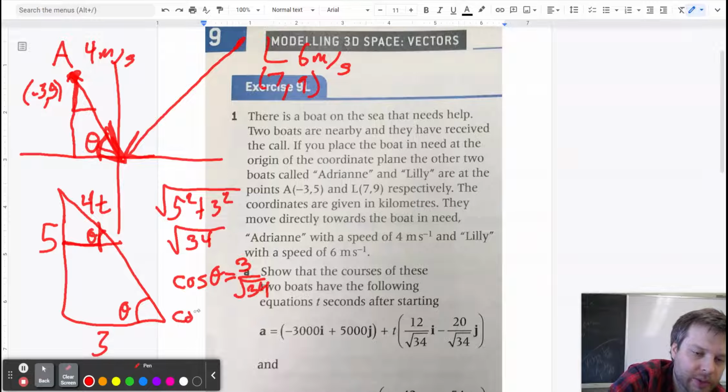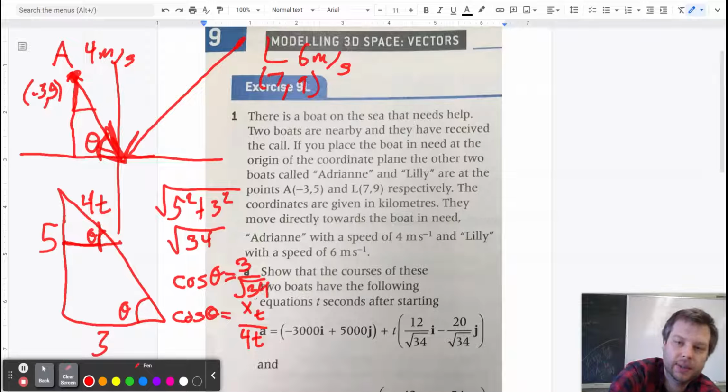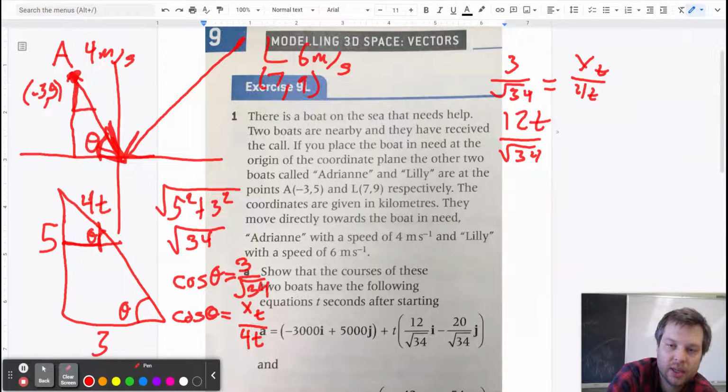But we also have our little baby triangle, and I can use cosine of theta there to represent the x coordinate at a certain time t divided by 4t, because it's traveling 4 meters per second. So the smaller hypotenuse grows 4 times t. Because theta is constant, you can set those two expressions equal to each other and get 3 over root 34 equals the x component over 4t. If you cross multiply, you get 12t over the square root of 34. That's the x component.